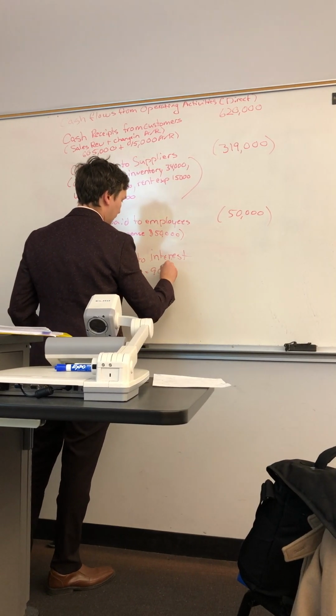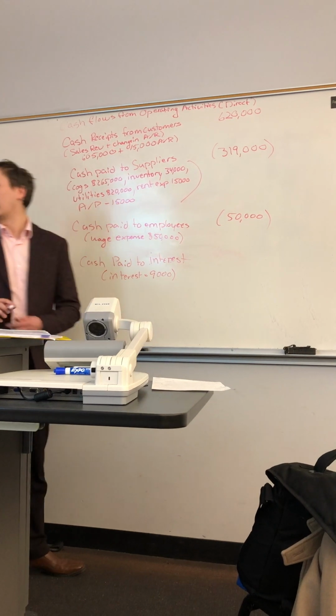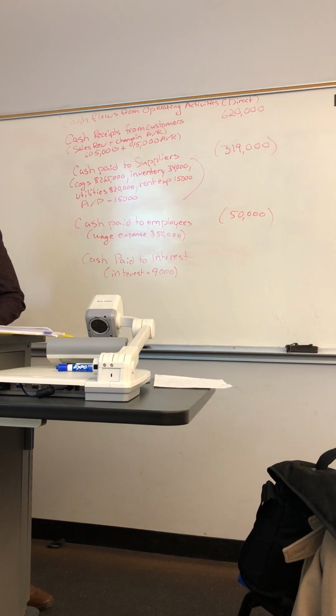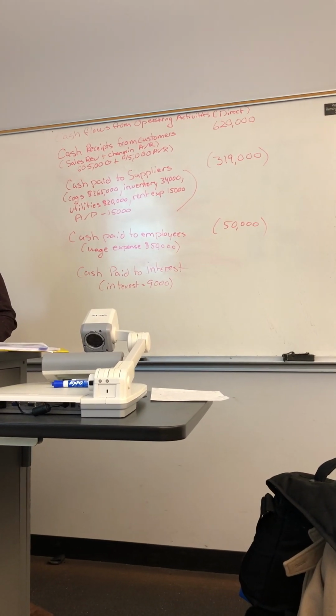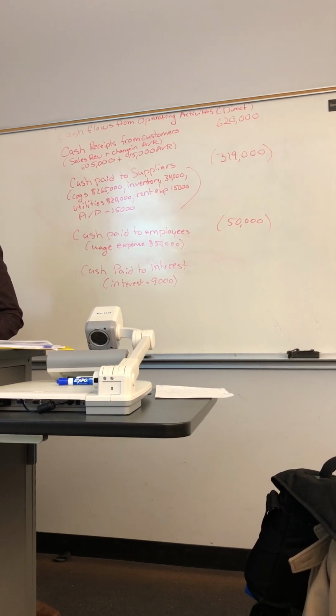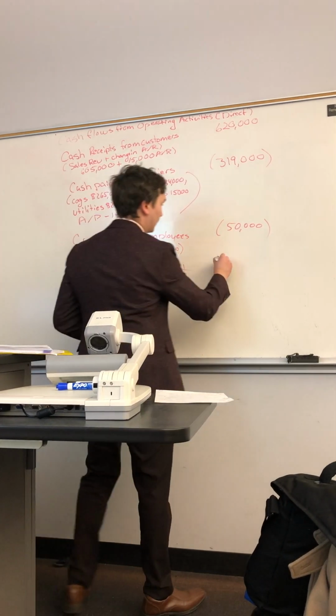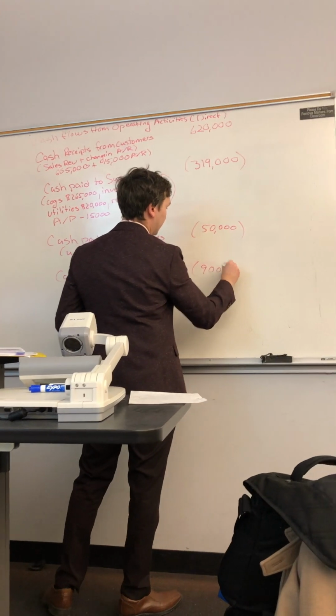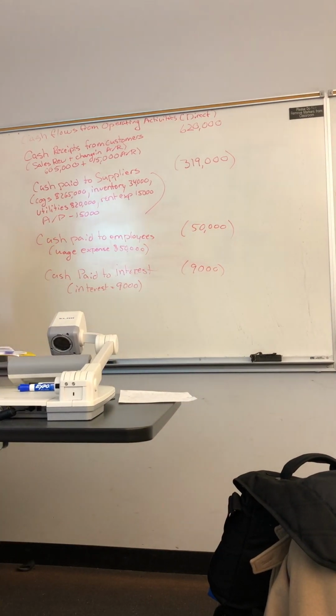It was $9,000, so we see $9,000 interest expense. Do we see anything on the balance sheet? No, no interest payable or anything like that. So we can go ahead and put a $9,000 decrease there.